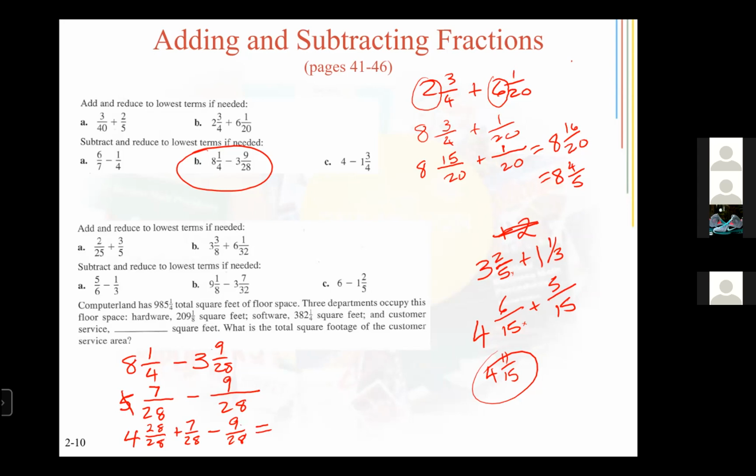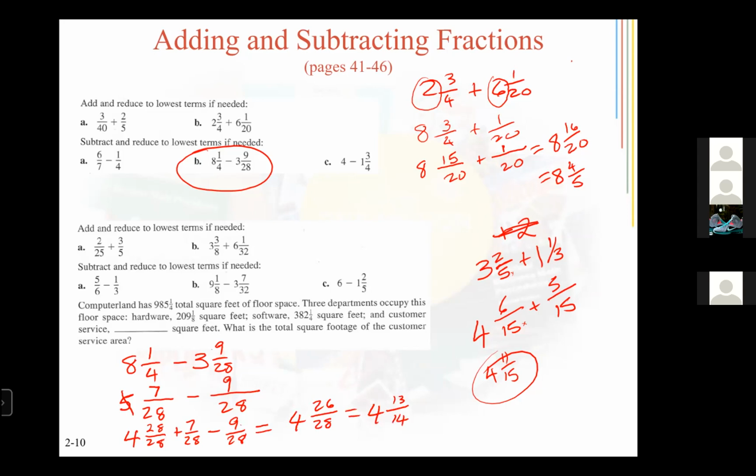So that's equal to 4 and 26 over 28, which could be reduced to 4 and 13 over 14. That's the lowest term.